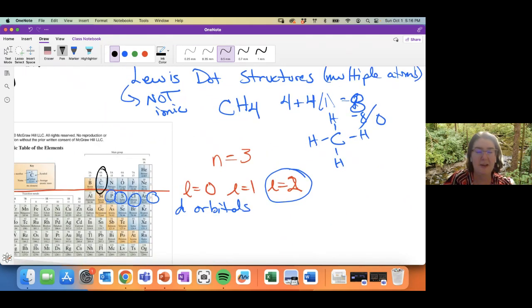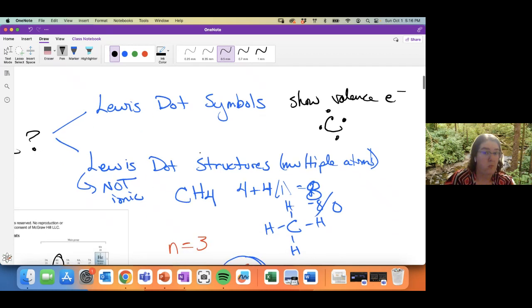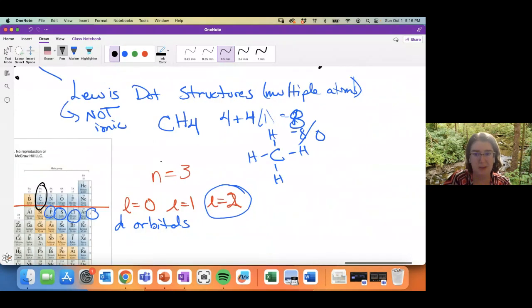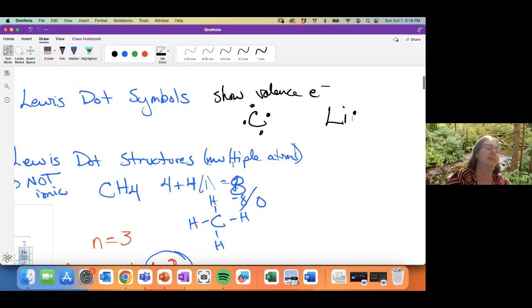Here's carbon in group 4A, so carbon has 4 valence electrons for a Lewis dot symbol. But I could also do, I'm gonna grab one, lithium. And I can still draw a Lewis dot symbol for a metal, because a Lewis dot symbol is really only displaying the valence electrons.